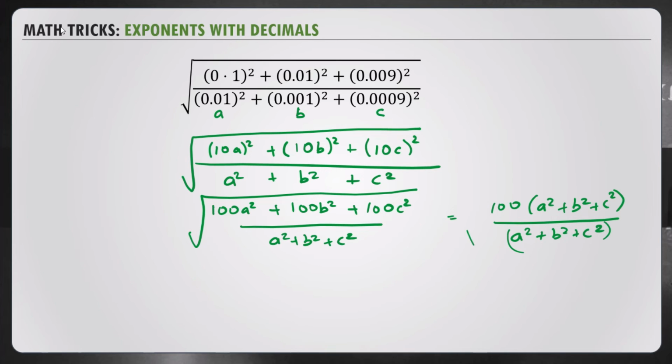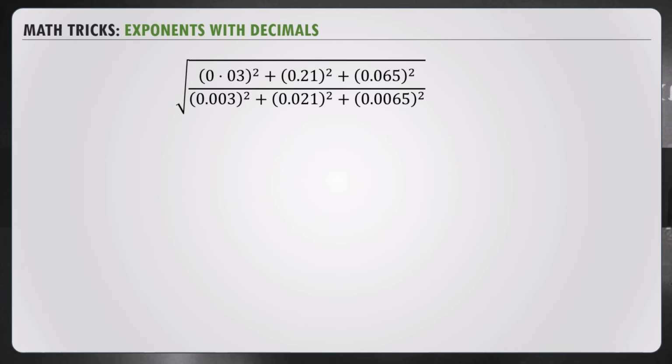Alright, the square root of that. You can see this is common, cancel it out, and you're left with square root of 100, and we get the answer 10. Let's work out one more example and get familiar with these kind of questions.